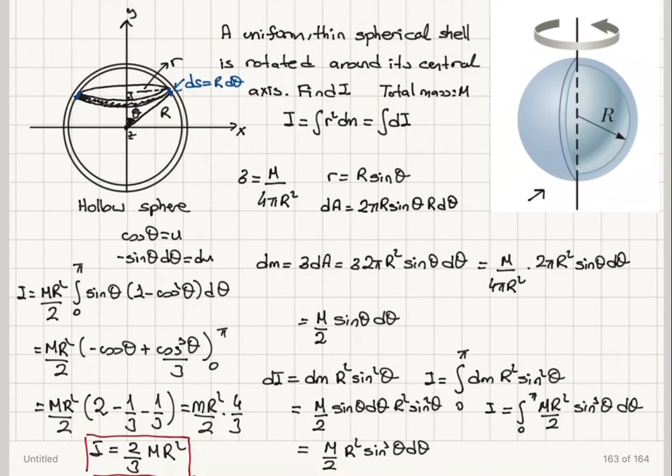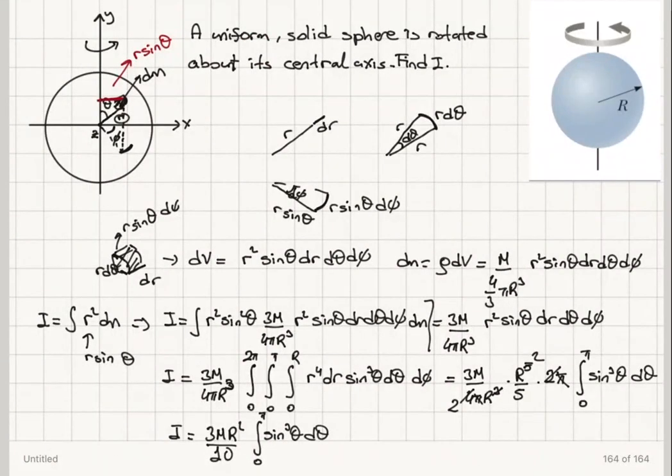And this integral I actually just performed somewhere else. Where did I perform this integral? Let me see. Yes, here, this integral from 0 to pi of sine cubed theta d theta. And that gives me a factor of 4 over 3. So let's not do that again.